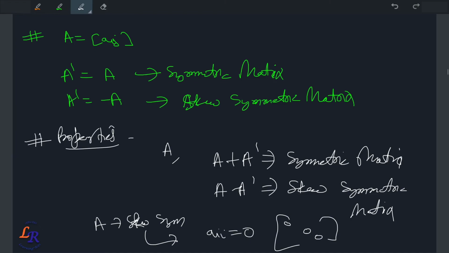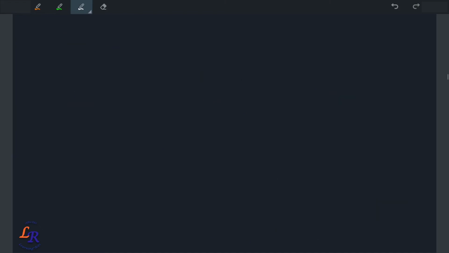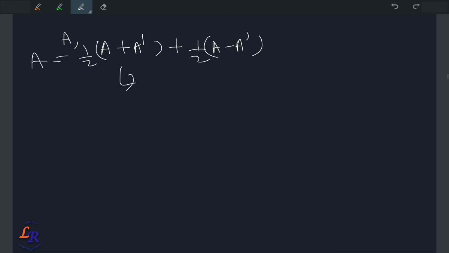That is another property. And also we had seen that if A is a matrix, it can be written as a sum of two matrices: half of A plus A dash plus half of A minus A dash. So any matrix can be written as a sum of a symmetric and a skew symmetric matrix.